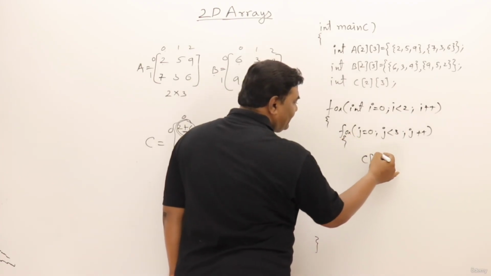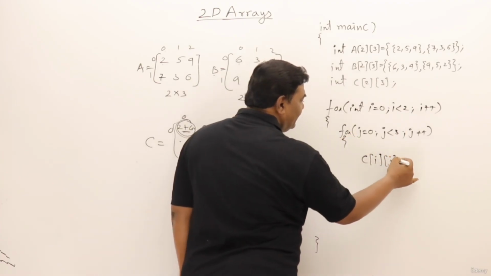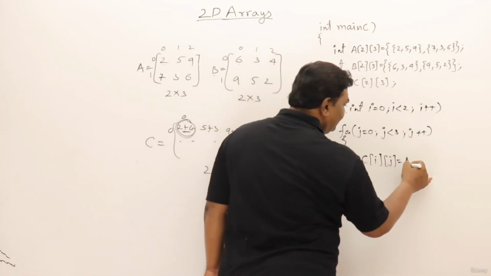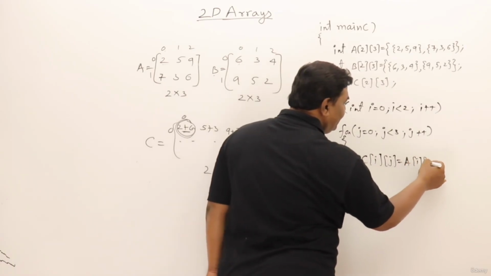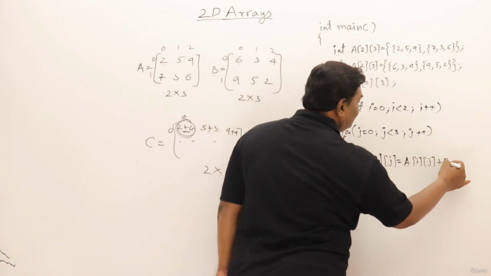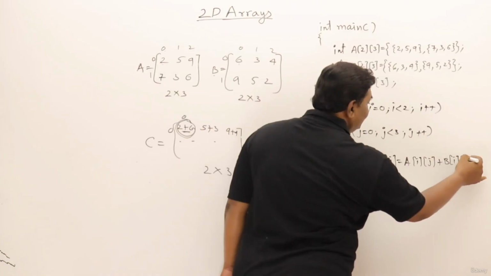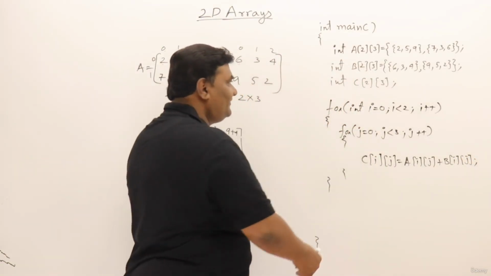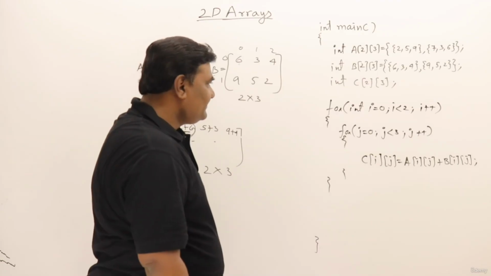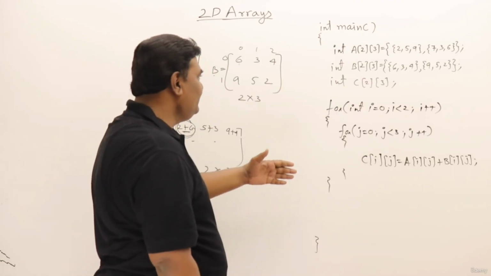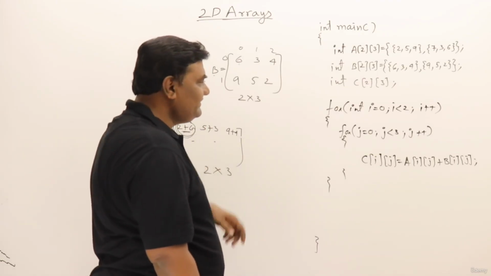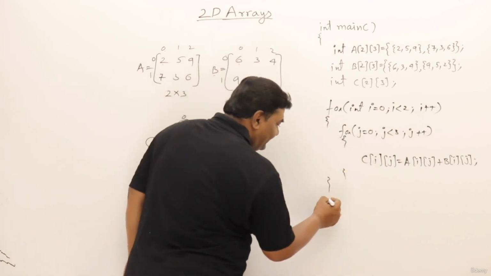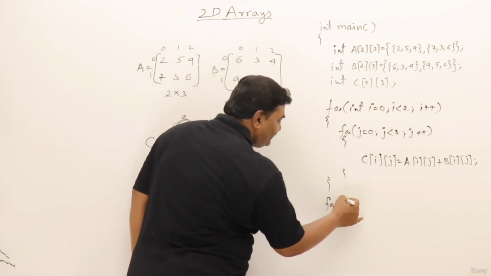Then I have to prepare matrix C, and for each element of C I should get the element of A matrix and add it with the element of B matrix. That's it. These two nested for loops will add all the elements of A and B and store the result in C. If I want to display the C matrix, then again I should use two for loops.